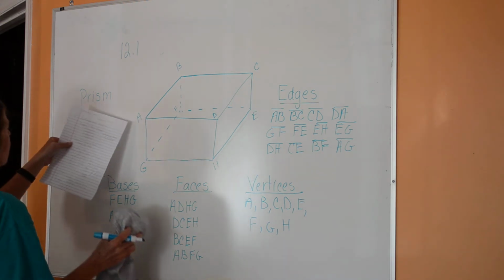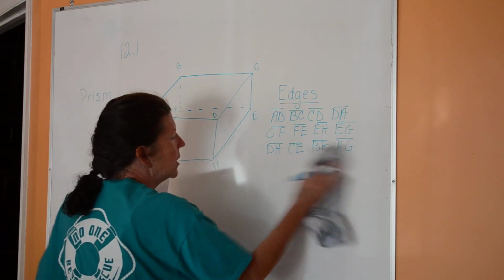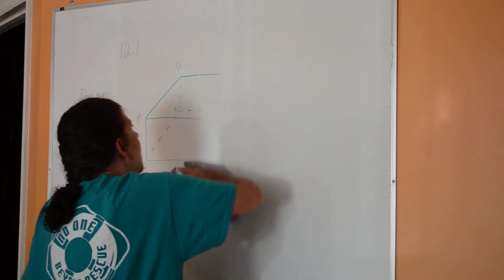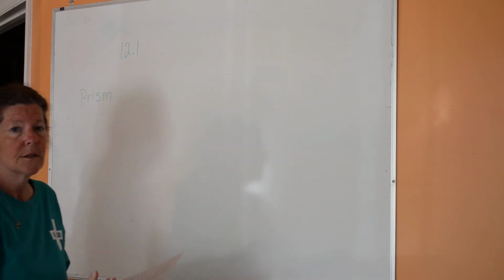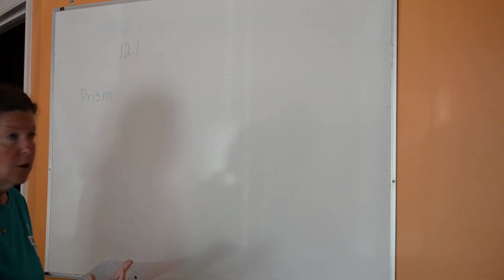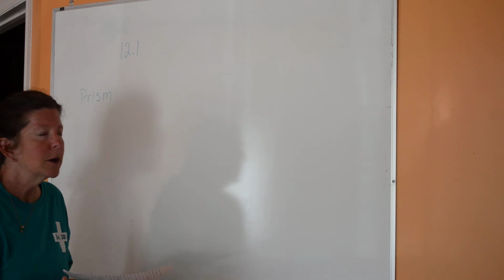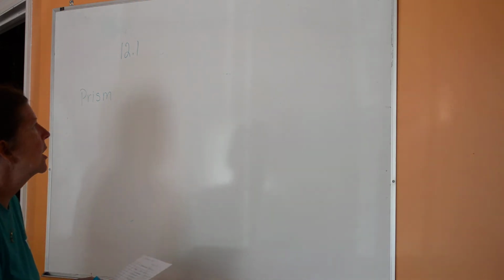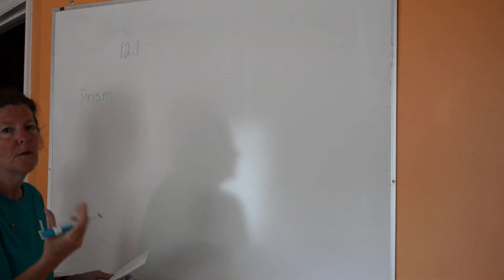So those are your prisms. Pyramids all come to a point, but you can have square pyramids where the base is a square. You can have triangular pyramids where the base is a triangle. You can have octagonal pyramids where the base is an octagon. But on the pyramids, a lot of it is made up of triangles.